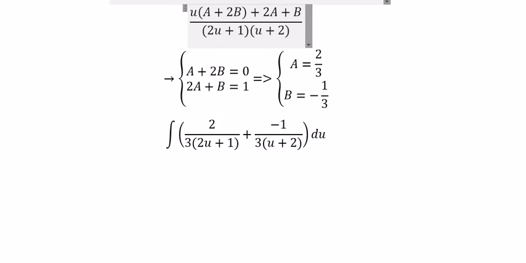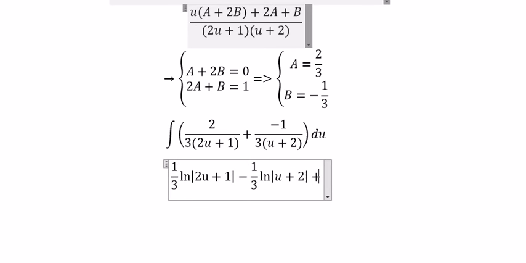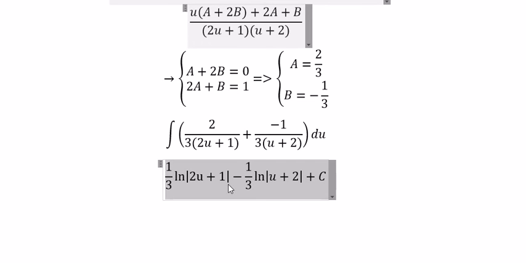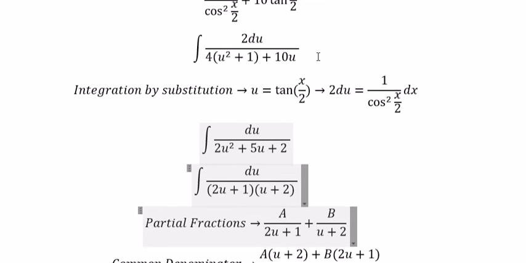And now we got the final answer. Because we have number 2, so we multiply with 1 over 2, and you got 1 over 3. About u, we need to change back for this one.